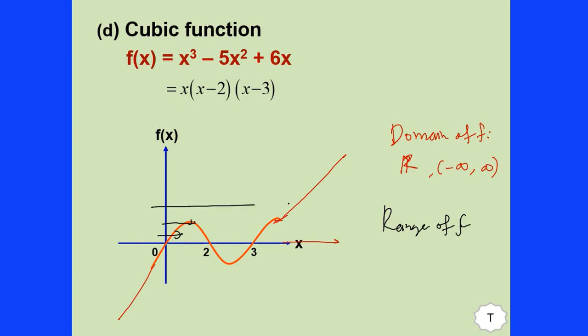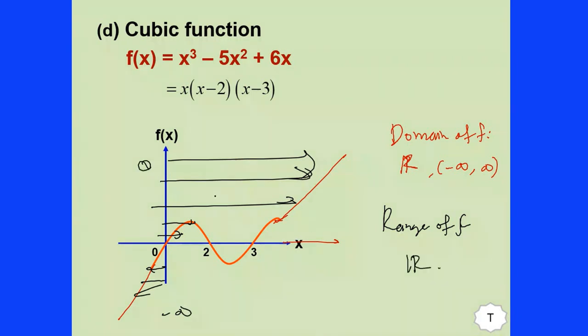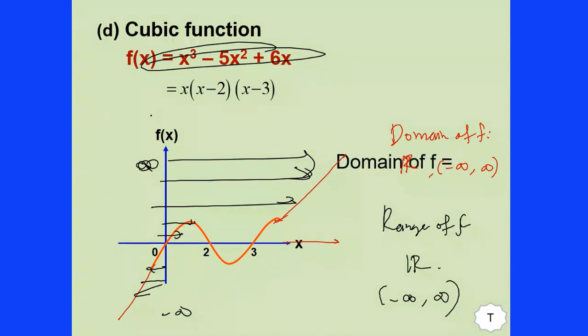Ni ada, semua ada. From bottom to up, maknanya real numbers ataupun from negative infinity to infinity. Macam tu. Jadi that one is for cubic. Actually ada polynomial juga. Domain always real numbers. Okay. Laju ke saya? You all okay tak?